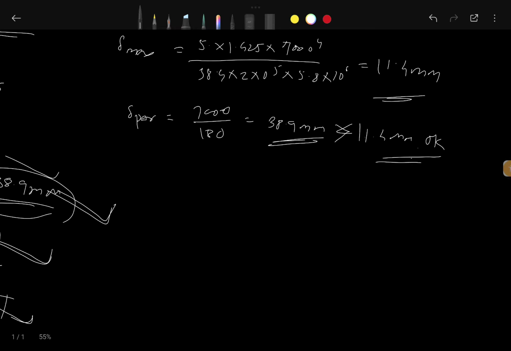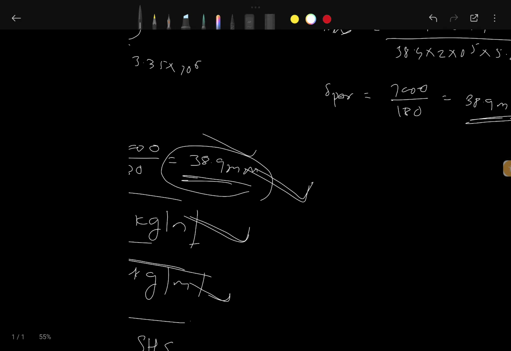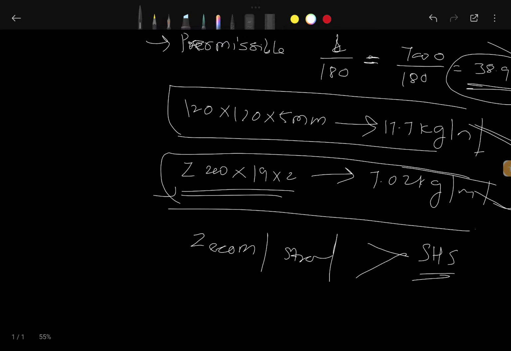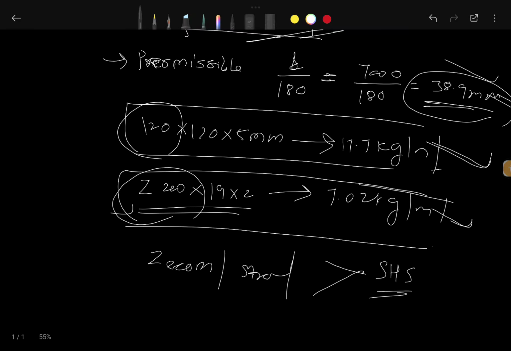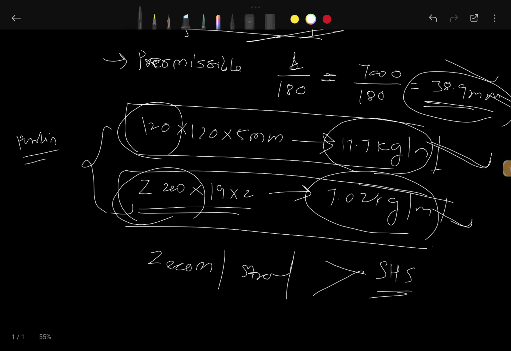Now, from every perspective we have concluded both values and we have got this result. Now you can understand and be clear about section selection in purlin or girt, and why we use Z purlin or cold form member for our structure. Hope you enjoy this lecture. We will meet in the next lecture.